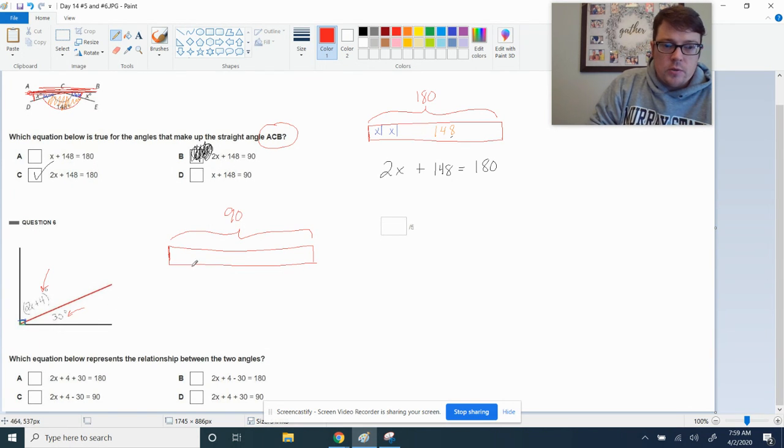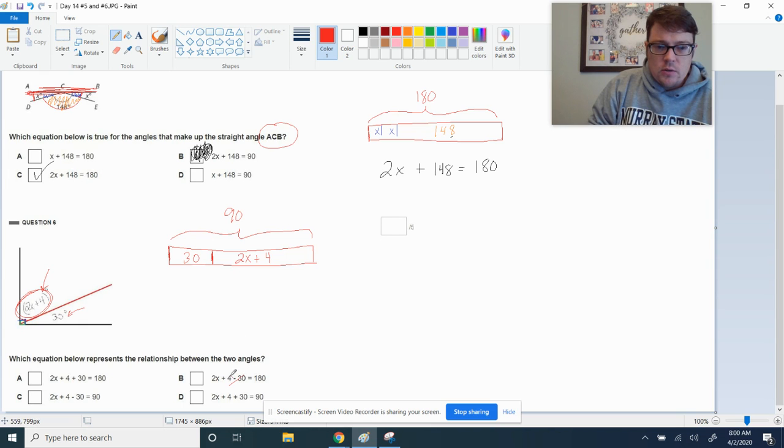Well, there's two parts. There's a 30, which is kind of small, it'd be like over here. There's a 30-degree part, and then there's this other part that comes in the form of an expression. Not even a letter or a number. It comes in like letters and numbers being multiplied and added together. So we have to represent that with that expression. So 2x plus 4 plus the 30 from the other angle equals 90 total. And it just wants to know which equation represents that relationship. So we're looking for something that adds everything together.